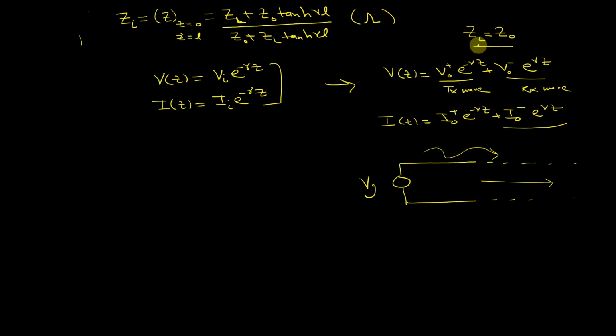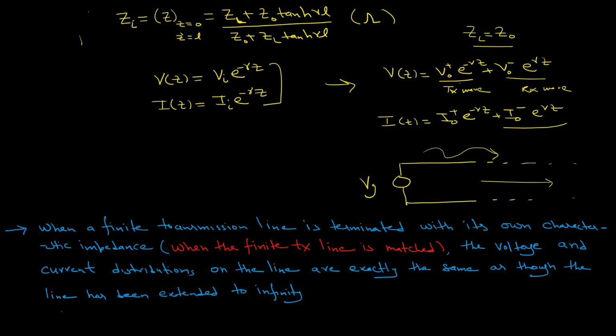So when ZL is equal to Z naught, you can say that when a finite transmission line is terminated with its own characteristic impedance, or you can say when the transmission line is matched, this is also a matching condition we have already discussed, the voltage and the current distribution on the line are exactly the same as though the line has been extended to infinity.